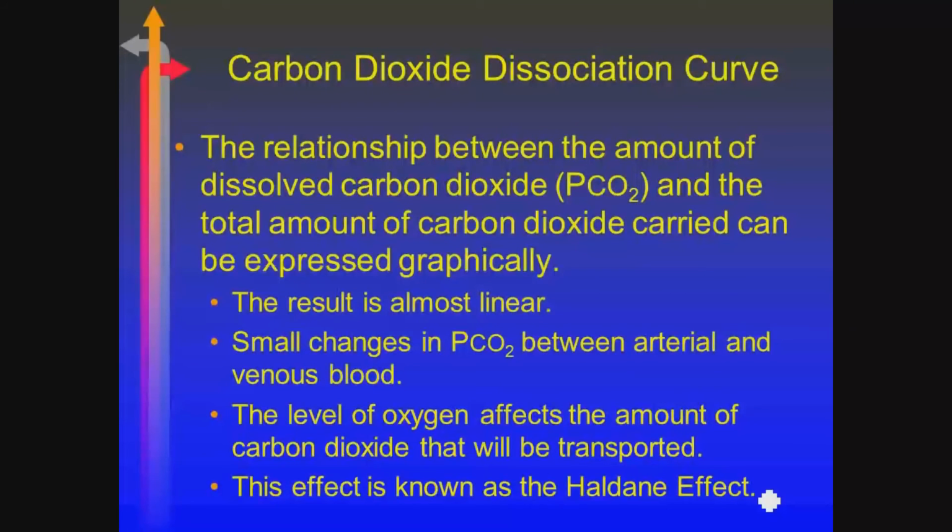That's called the Bohr effect. Reverse that. What is O2 doing to CO2? As O2 levels rise, CO2 levels fall. Well, that's what you want at the lungs. You want them to swap spots on the hemoglobin. We're going to call this the Haldane effect.